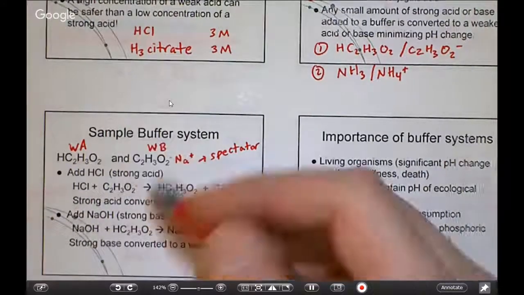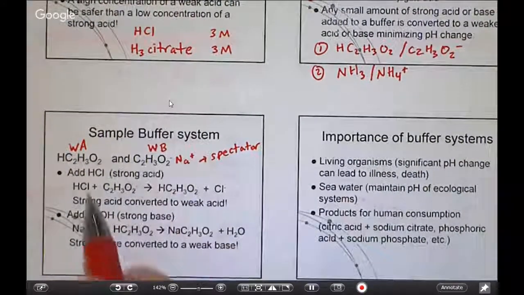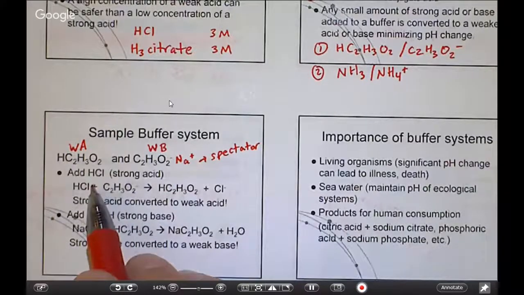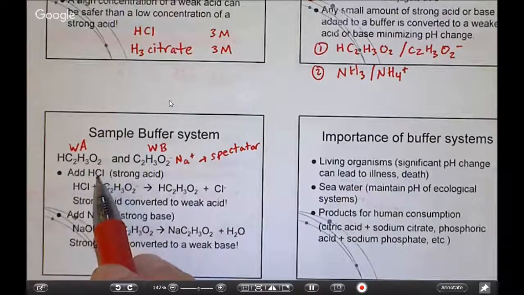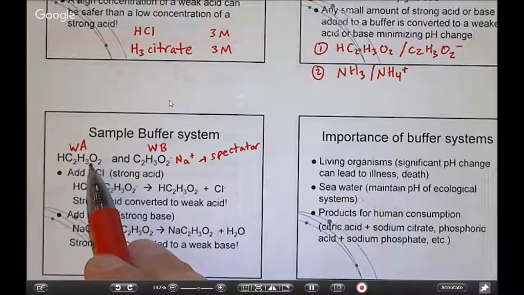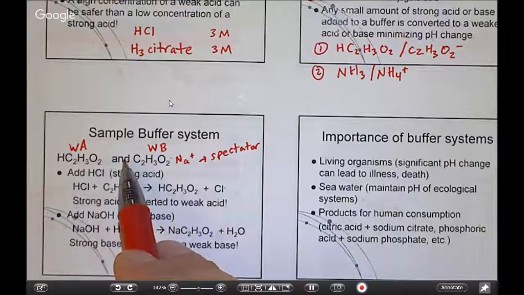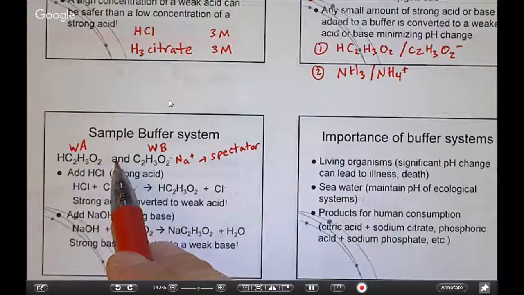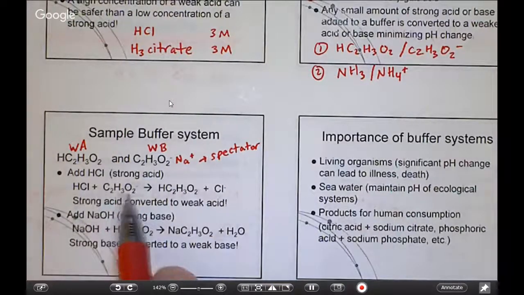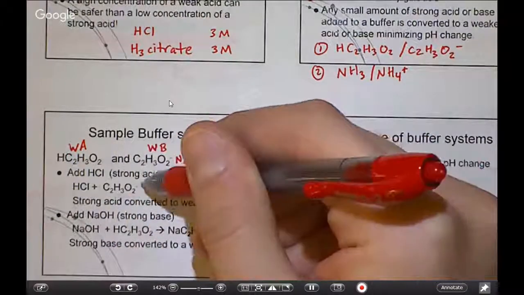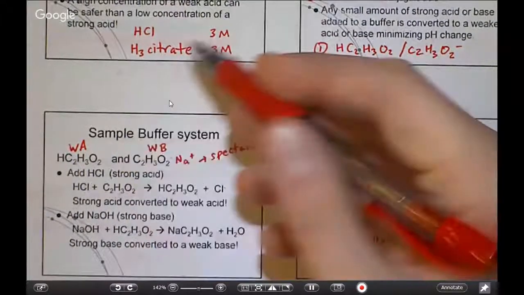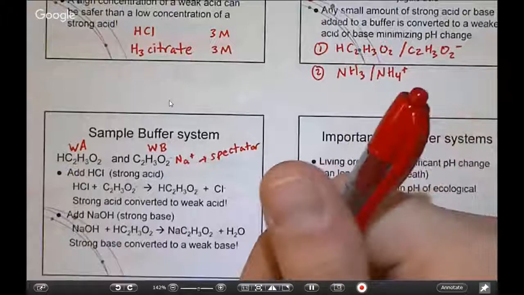So let's say we have a buffer system and we add a strong acid like HCl. Is the HCl going to combine with the weak acid or the weak base? Probably the weak base, right? Acid and base. So if we combine it with the weak base, and sodium is a spectator ion, it's going to be hanging out with chloride.